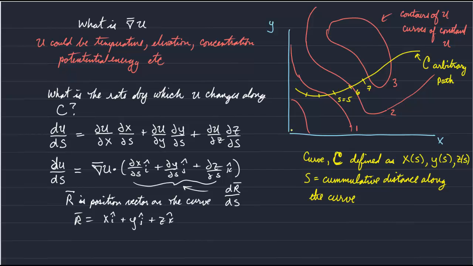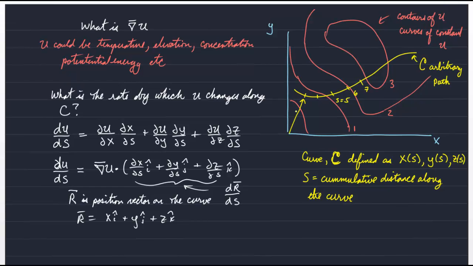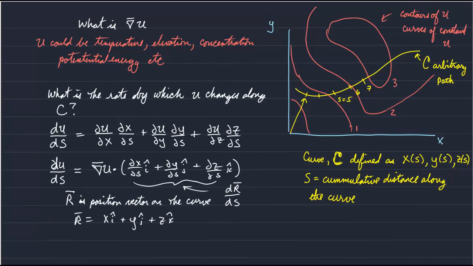And we can visualize that, for example, if we have our position vector at some location at some value of s. So this is the position vector at some value of s. And if we change s a little bit, then we have the new position vector at s plus ds.